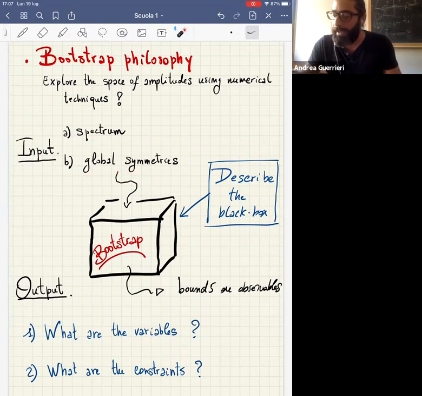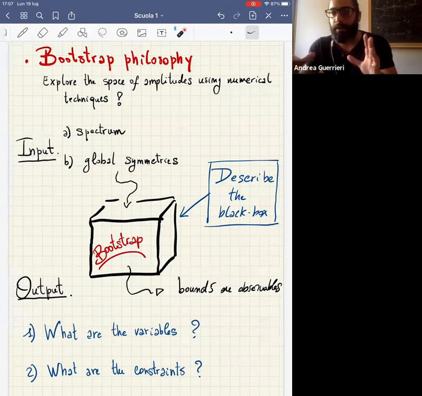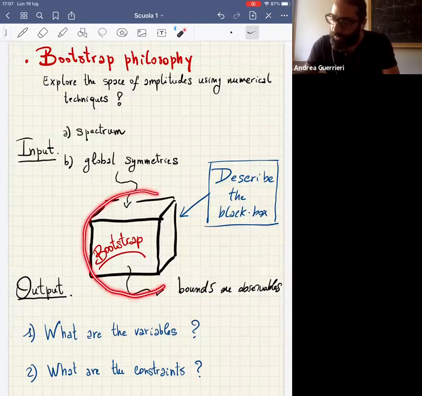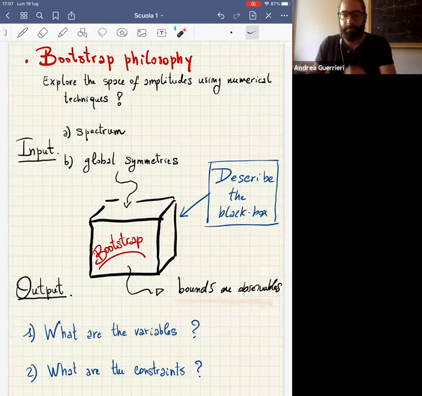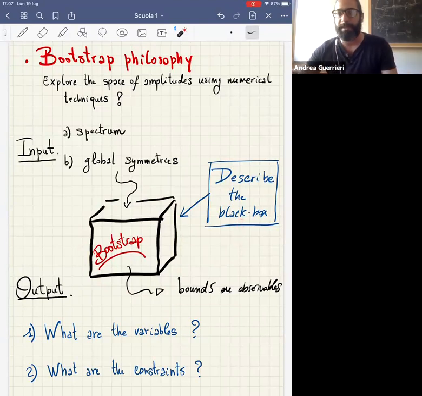And our bootstrap will be like a black box that will produce for us as an output bounds on physical observables. The aim of this lecture is to describe this black box a little bit in detail: what we can do, what we are going to do in the future.